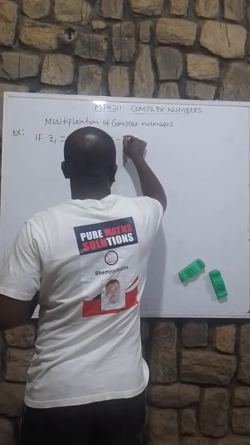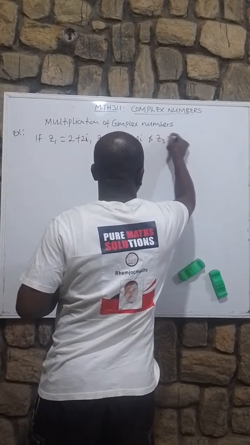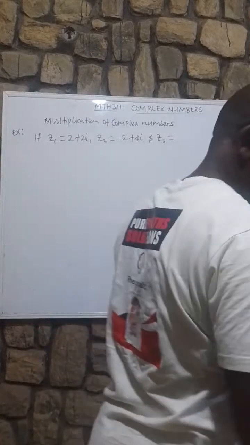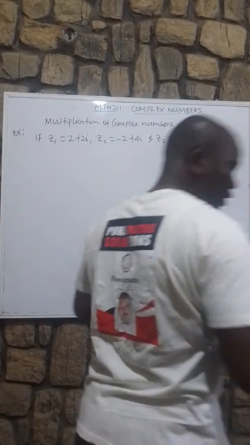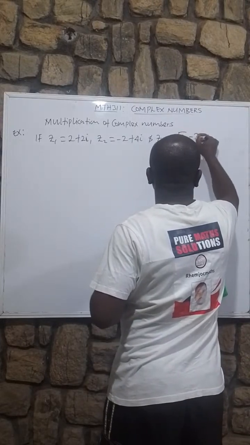minus 2 plus 4i and Z3 equals square root of 3 minus 2i.